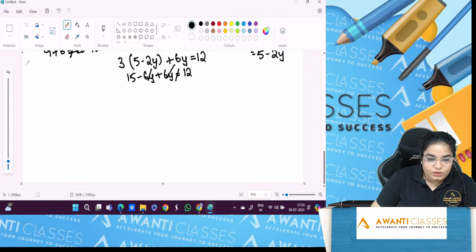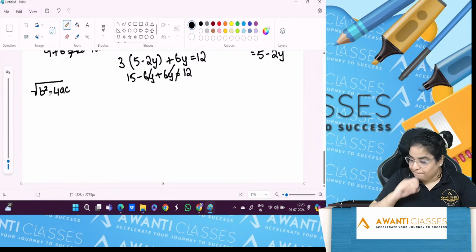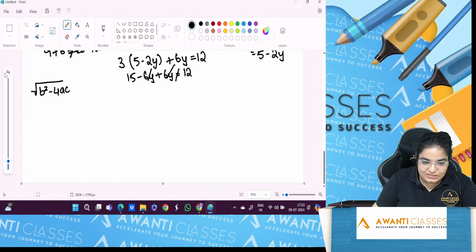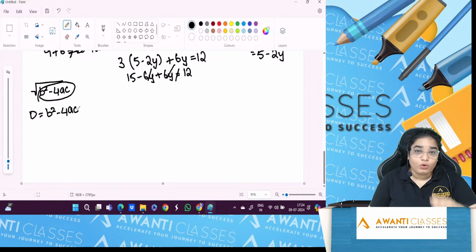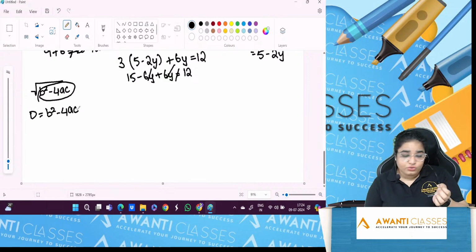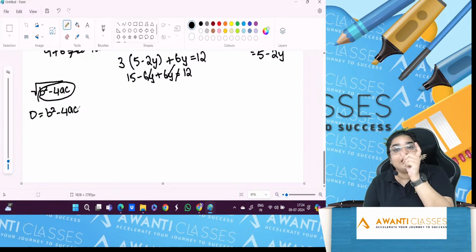Now, in the quadratic equation, what is underneath the square root? If you remember the quadratic equation, this was under the square root. Whatever is under the square root was called D. It was used to determine the nature of the roots.